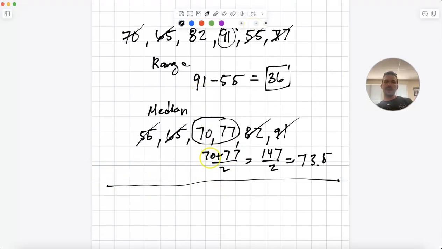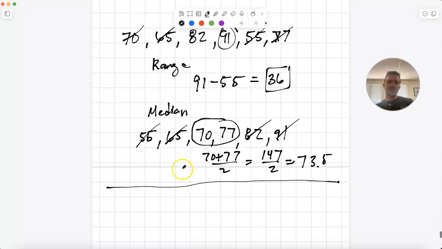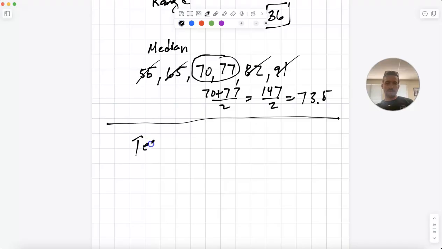The only way I can think of making median difficult is, let's go with this test score thing. Let's say you got test scores, and they come out to the same ones, 55, and I'm going to leave one of them out, 65, 70, 82.